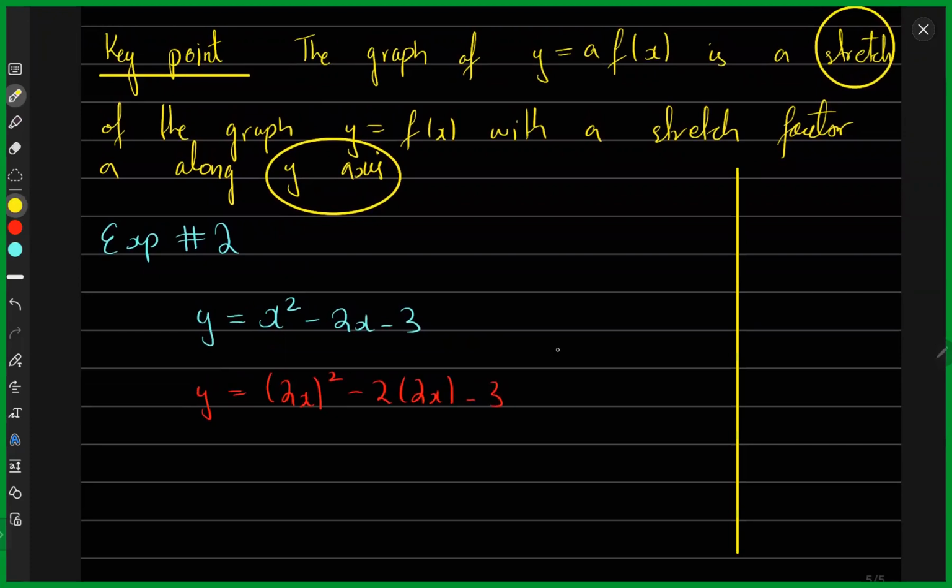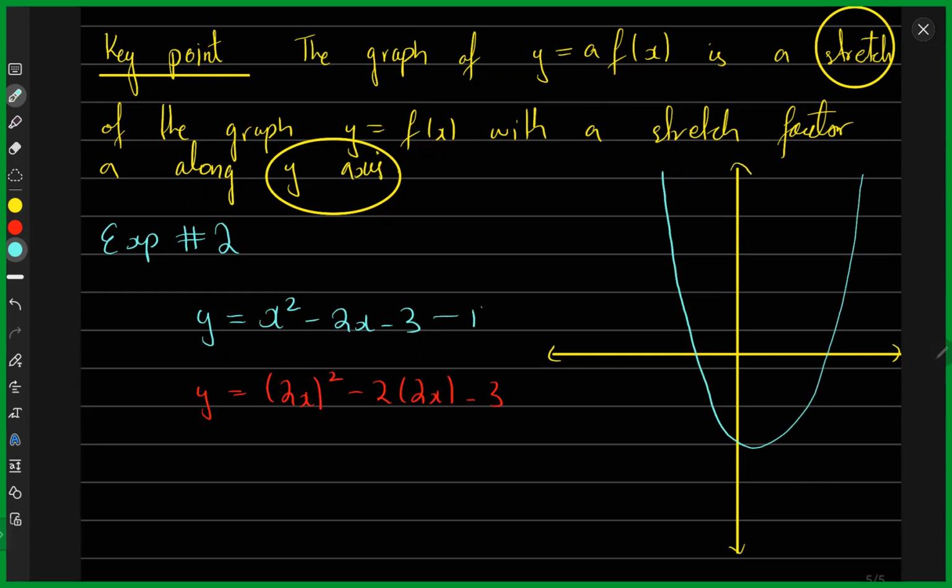Now what has happened? We have multiplied a number with x. Now you will be a bit surprised to see this thing. Let me make the blue graph again. This is basically the graph of equation 1, the original function. After multiplying by 2, obviously if we are multiplying something with 2, the stretch would be along the x-axis.